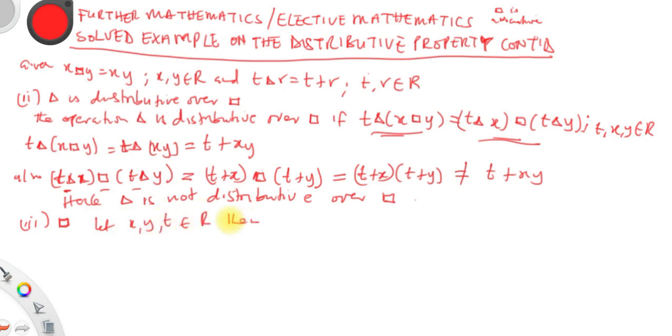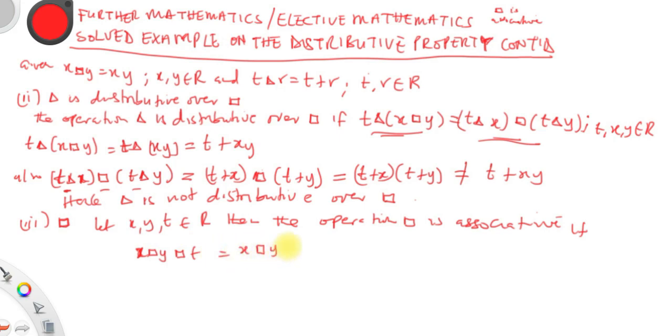Then the operation is associative if x square y square t is equal to x square y square t. So here you evaluate the first two, and over here you evaluate the last two.